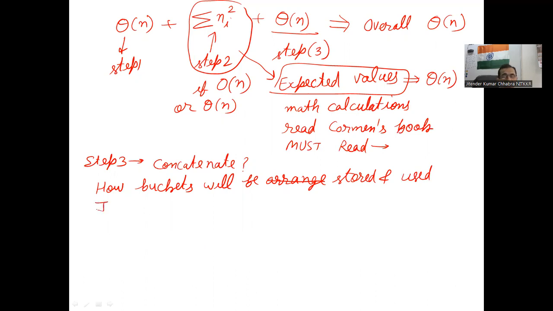Ideally, the researcher who suggested bucket sort said the bucket should be a linked list. And why a linked list, we will understand. But what he said was that I should have buckets declared.